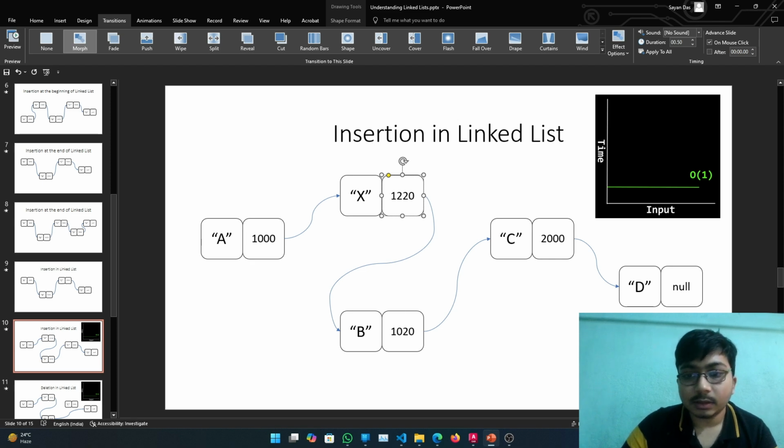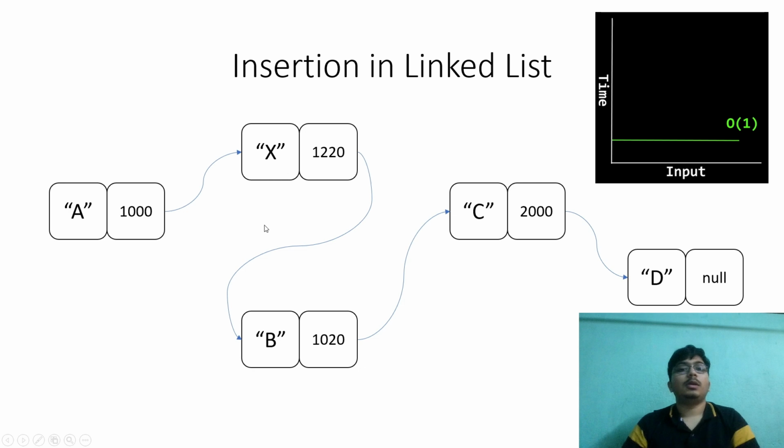Now the head node points to this node, and then this node points towards our next node. So this is also happening in constant time complexity, and we don't have to move any other node in this linked list that doesn't need to be changed.